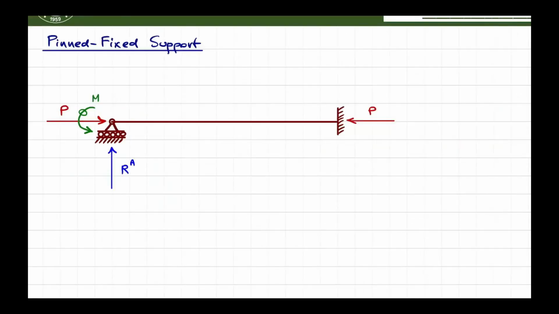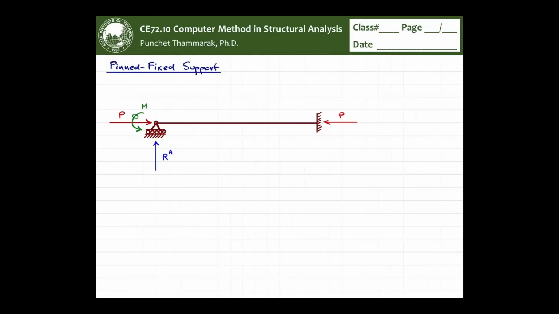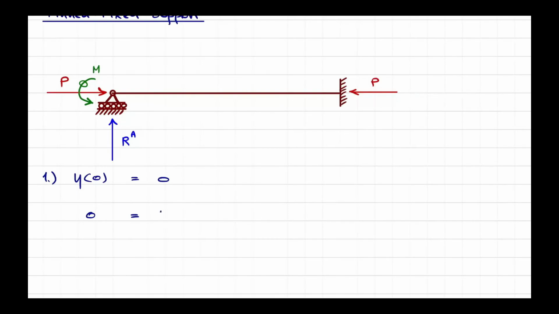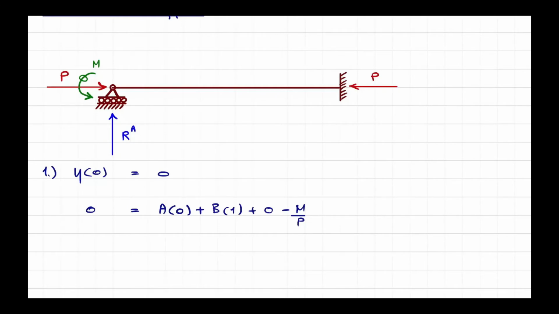So boundary condition: y at 0 equals 0. 0 is equal to a times 0 plus b times 1 plus 0 minus M over P. We know that M over P here has to be 0.